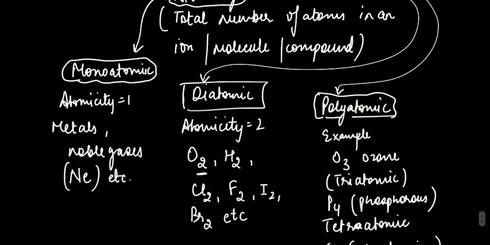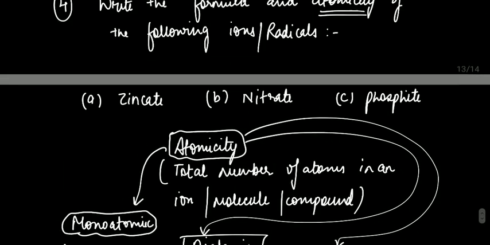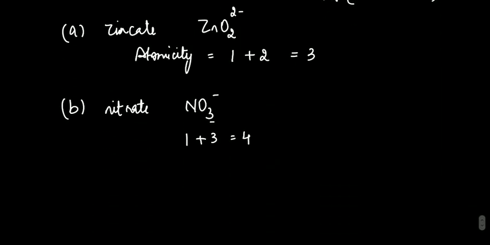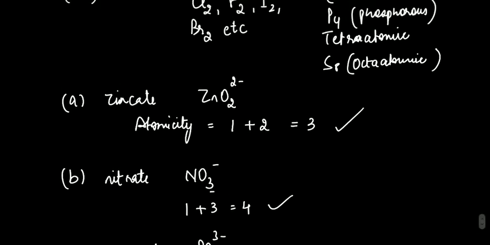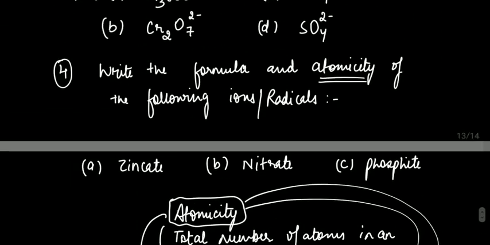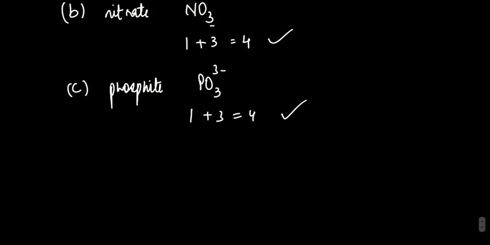It's a very generic term. Then the third one is phosphite, PO3 3 minus. So 1 phosphorus atom, 3 oxygen, total is 4. So we have nitrate and phosphite tetraatomic, and triatomic is zincate. So you should be very much equipped to learn all these kinds of questions. We'll go to the next one.